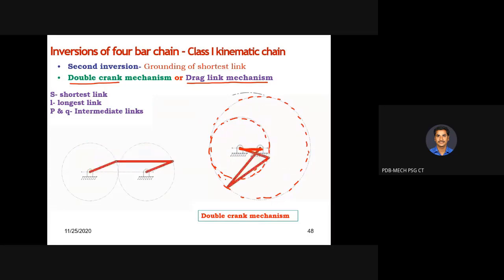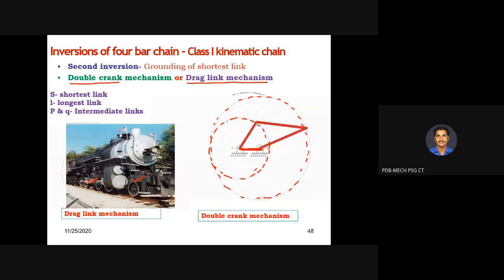Another example: if the shortest link is fixed and the other two links are of the same dimension, here also you will get a double crank mechanism. You can see the double crank mechanism in locomotives. It is also called a drag link mechanism.